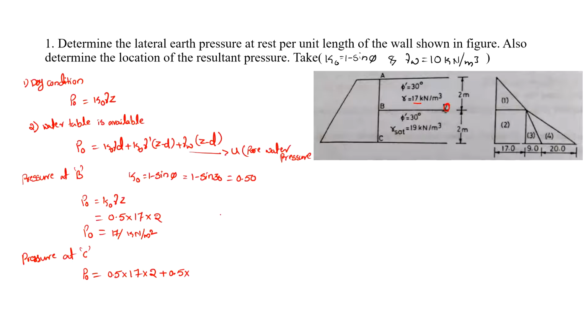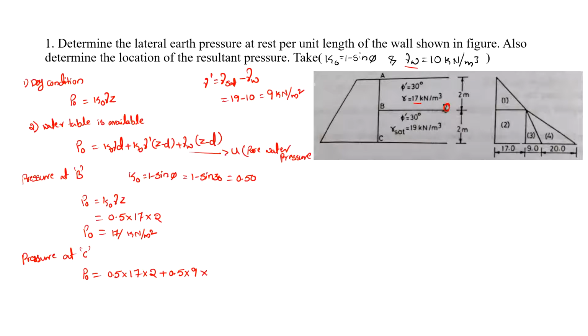Plus K naught, 0.5, into gamma dash. Gamma dash equals gamma sat minus gamma W, so 19 minus 10, giving 9 kilonewton per meter cube. We substitute that value, into 2, since from B we have the water table.